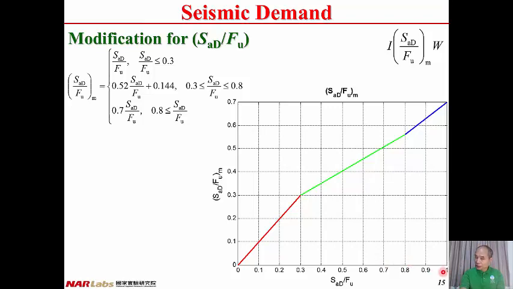Therefore, when SAD divided by Fu equals 1, after modification, it becomes 0.7. When SAD divided by Fu equals 0.8, after modification, it becomes 0.56. And then we join the endpoints of the two segments, so that we have the third segment here. So the modification of SAD divided by Fu can be divided into three segments.